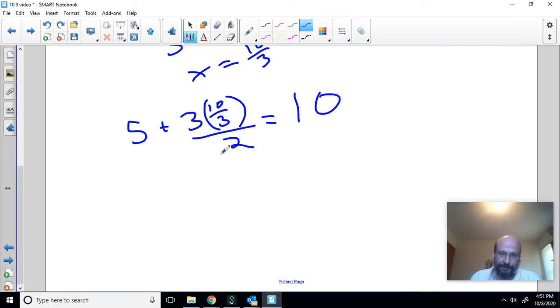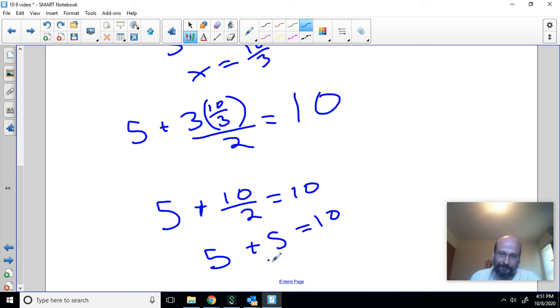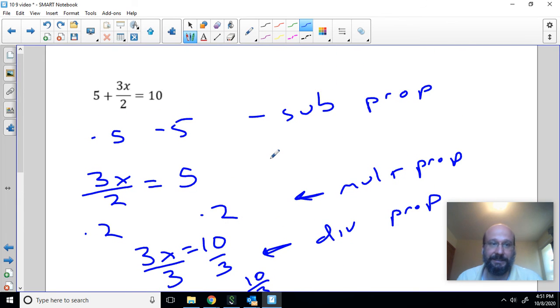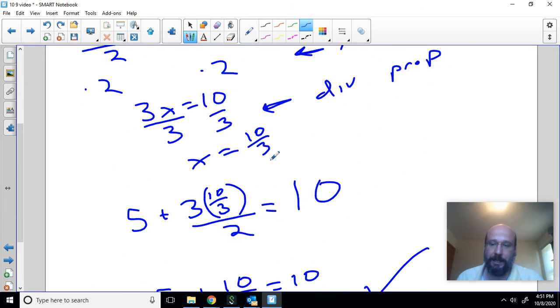I would do this first, and this here is 10 divided by 2. 10 divided by 2 is 5. 10 equals 10. So I checked it, and I did all the properties. That's what I want you to do on the worksheet. It's not going to be too many questions because this is a lot of steps, but you're going to have to do it. So get to work.